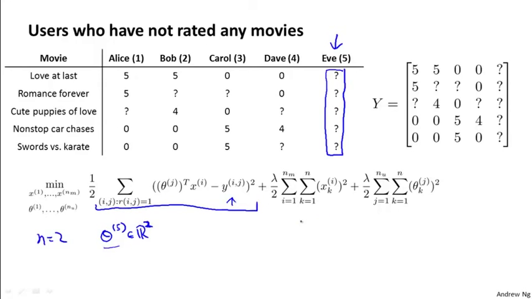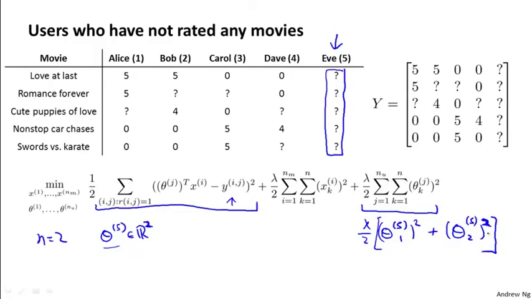And so the only term that affects theta^(5) is the regularization term, and so we're saying that we want to choose vector theta^(5) so that the regularization term is as small as possible. In other words, we want to minimize lambda over 2 times theta^(5)_1 squared plus theta^(5)_2 squared. That's the component of the regularization term that corresponds to user 5.